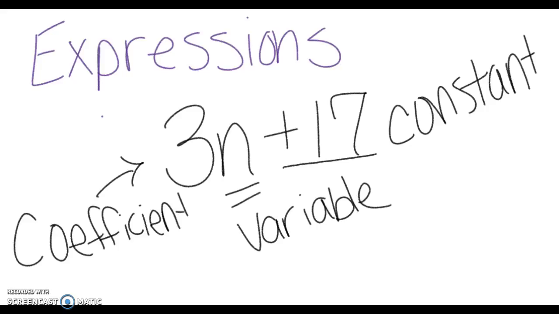We started off by writing expressions, and we talked about keywords such as increased, or less than, or decreased, sum, quotient, product. Make sure that you know what those words mean. Difference, we took notes, so you should know what those words mean and what operation they would be matched with.